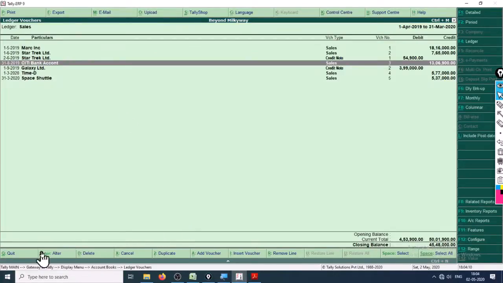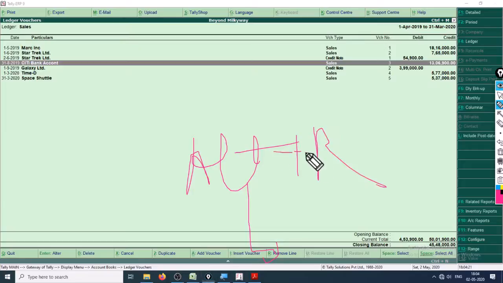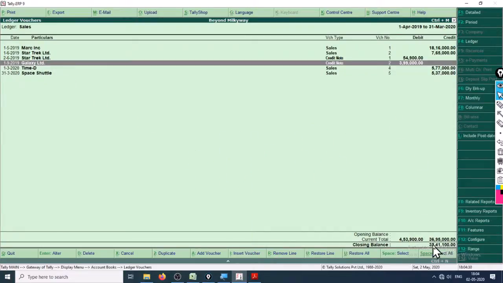And to remove it, how to remove it? Remove line, Alt R. Alt plus R. Good to go. This amount right here, 32,41,100, is automatically deducted by the sales return, 54,399.